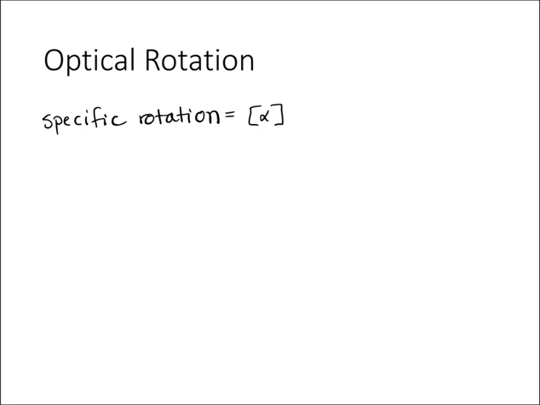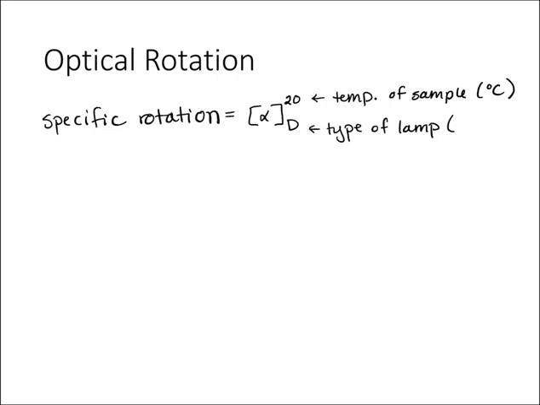And then on the upper right-hand corner, we can indicate the temperature of the sample, which will be in degrees Celsius. So typically it will be 20 degrees Celsius. And then we can also indicate on the lower right the type of lamp that we used. So this will be our sodium lamp, the D line. So that was 589 nanometers.